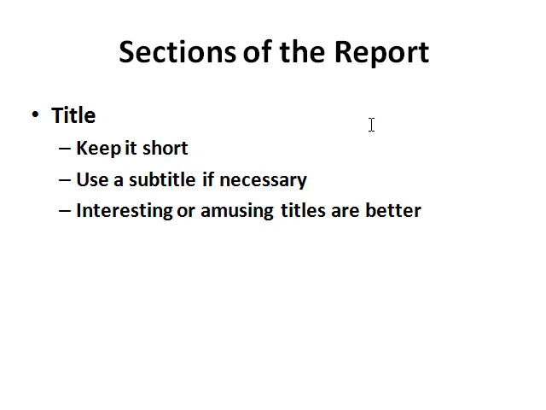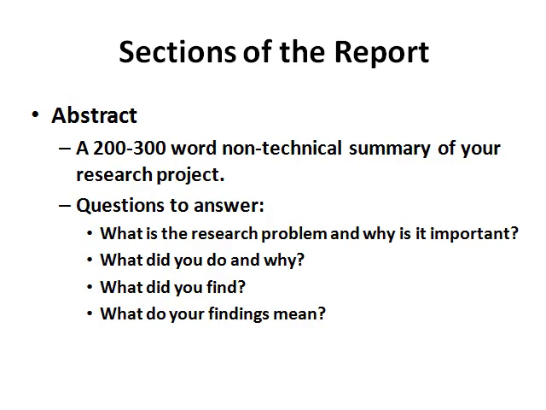Okay. The second part of a report is the abstract. As you know, an abstract is a very short summary about the research project or scientific research work. The abstract is no longer than 300 words.